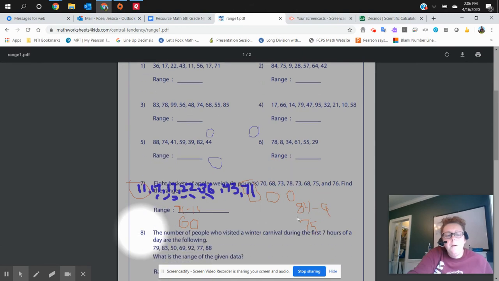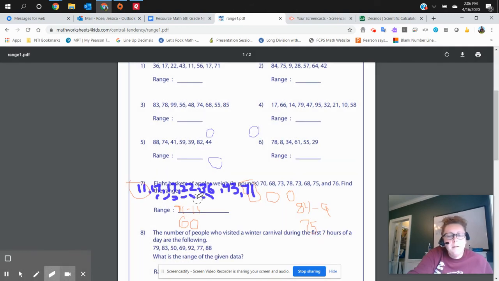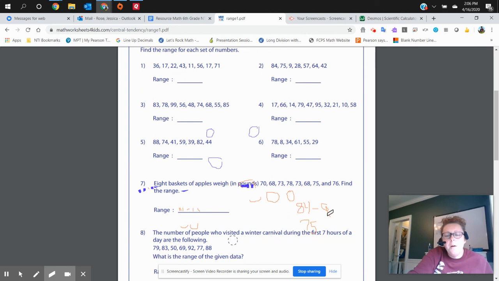Okay. I'm going to go ahead and erase all this so we can look at the bottom, the word problems. Go ahead and skip down to number 7 with me if you're following along. I'm going to erase all of my writing so we can look. Okay, so don't get mixed up just because it's a word problem. We're going to circle what it wants us to do, range. So that's all you do.